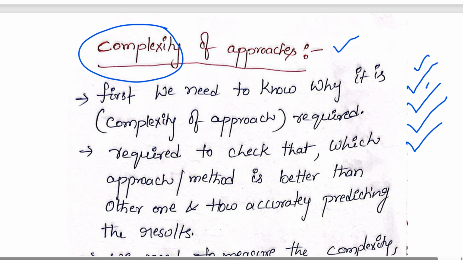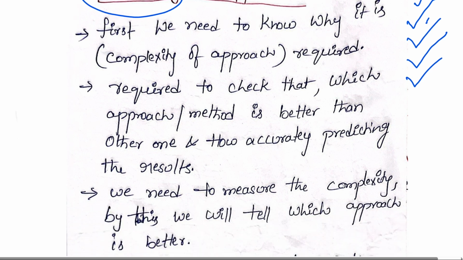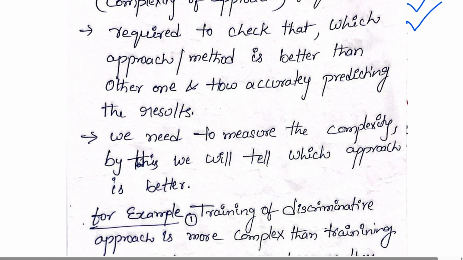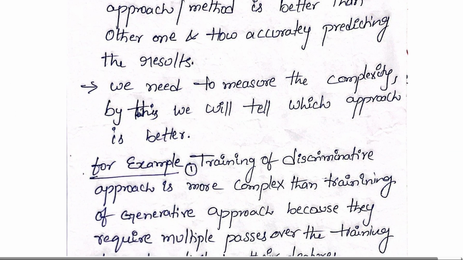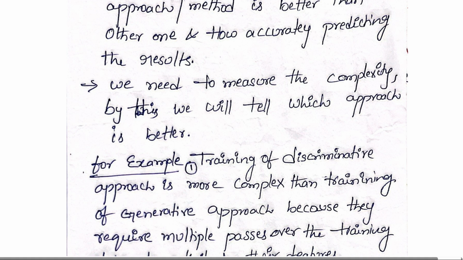So for checking the complexity of the approaches, we need to measure the complexity by using the training of the approach, the training of the model, or the performance of the model.